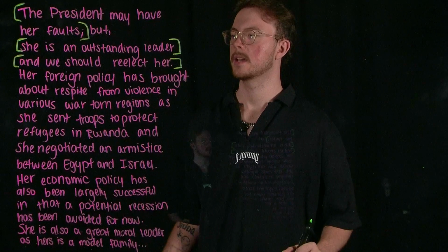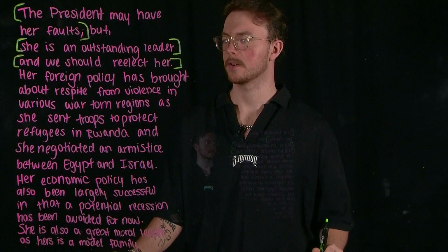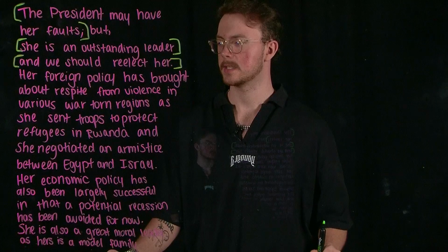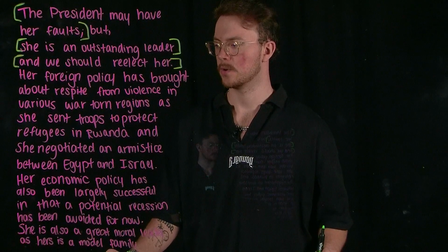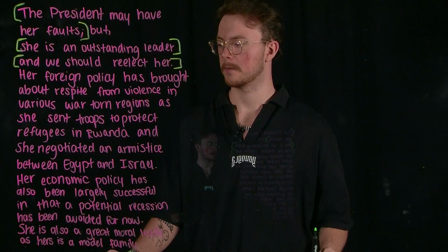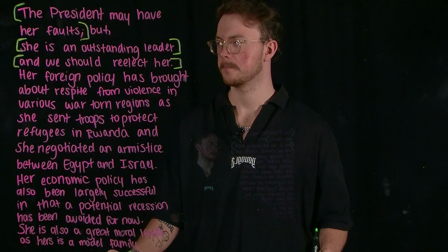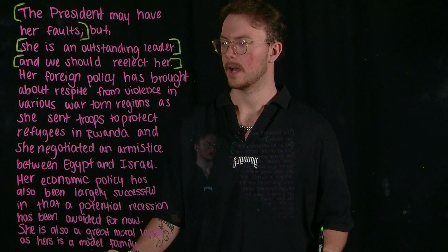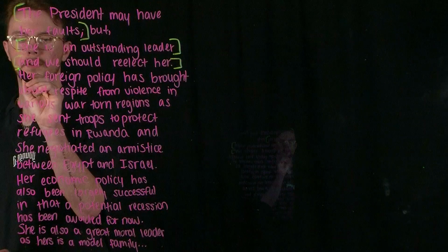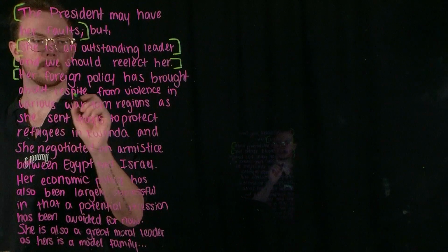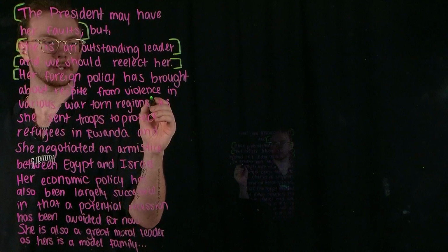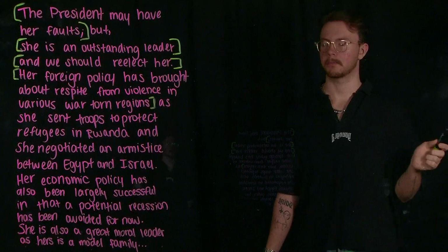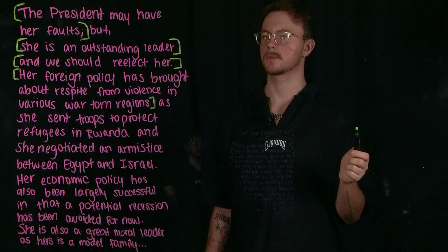Foreign policy has brought about respite from violence in various war-torn regions as she sent troops to protect refugees in Rwanda and she negotiated an armistice between Egypt and Israel. Okay. I see three claims here. First is her foreign policy has brought about respite from violence in various war-torn regions.